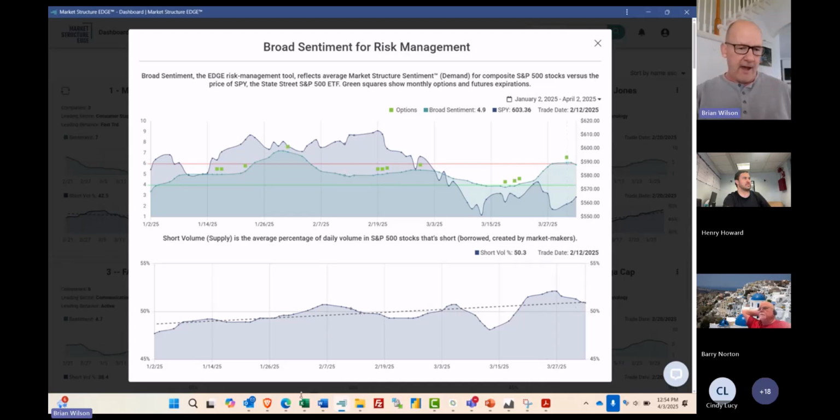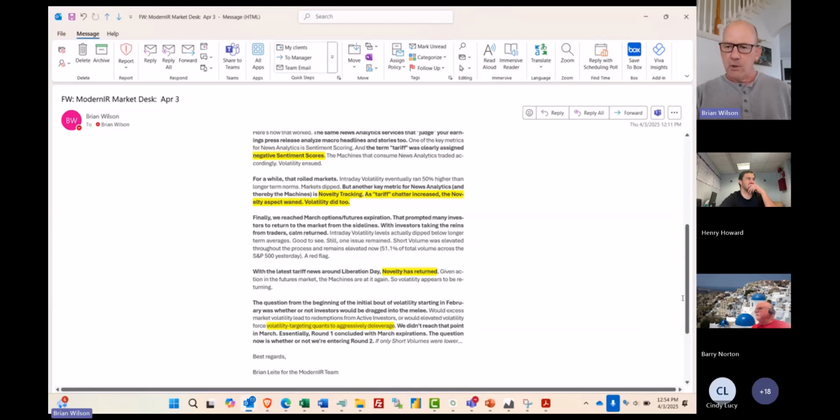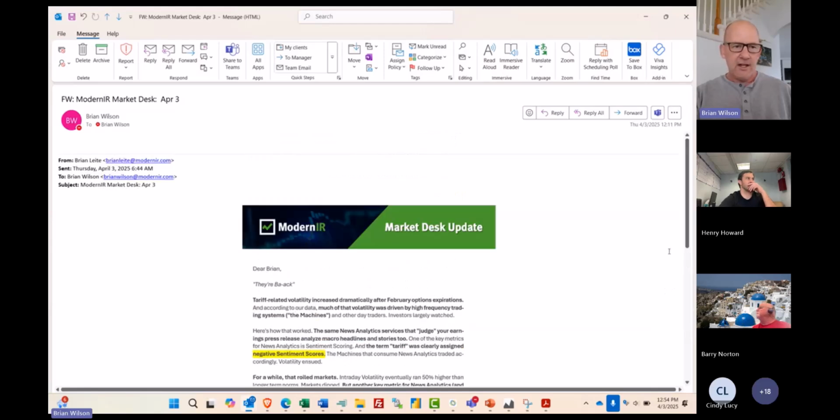That brings up that fast trading component that I mentioned earlier. I want to take you over for a second to an email that was circulated internally today. This was sent out to our Modern IR clients, and we have about 80 different clients representing small cap all the way up to large cap, and we're working with investor relations teams.